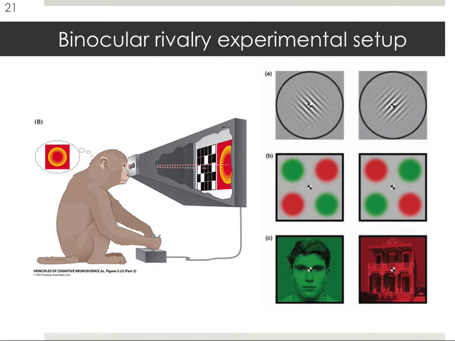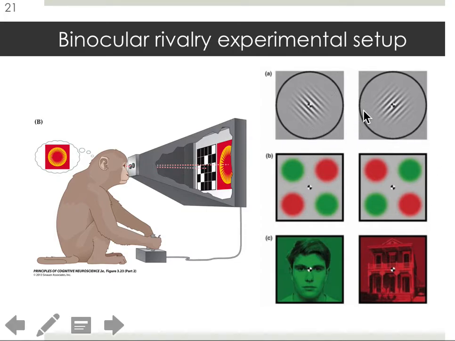For a long time, people interested in the neural correlates of consciousness, or conscious awareness, have been trying to use this setup to get at it. The way it works is you present subtly different information to the left and right eyes, and the visual experience ends up flipping back and forth between what you see in the left eye and what you see in the right eye.